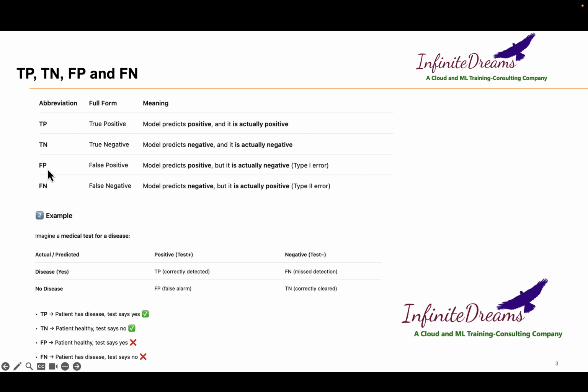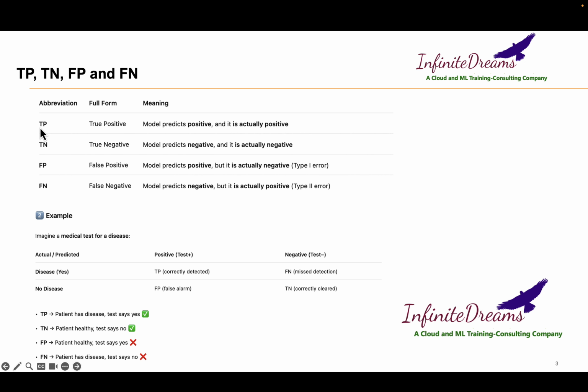Here the model is saying positive but the actual result is negative, and the last word is positive. Here again the model is saying negative but actual is positive, because it's a false. Let's understand with an example. What I have explained is written here. True positive: the model predicts positive and it is actually positive, because it's a true.